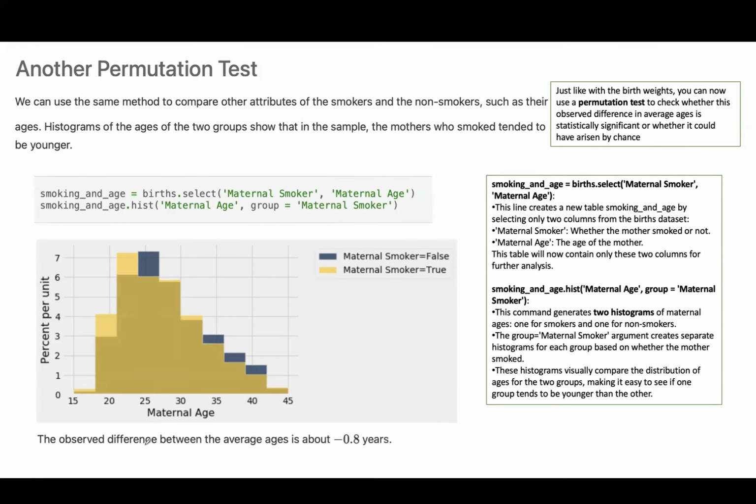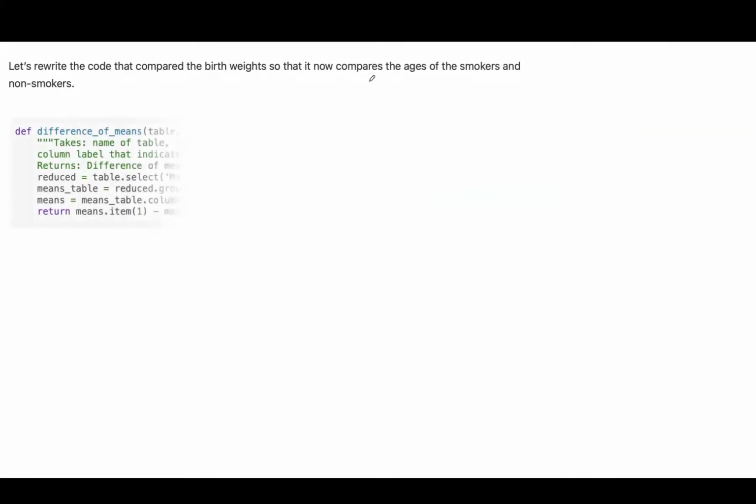I'm going to show that the observed difference between the average ages is about negative 0.8 years. It means that smokers on average are younger than non-smokers. Let's rewrite the code that we used for the birth weights so that it now compares the ages of smokers and non-smokers.